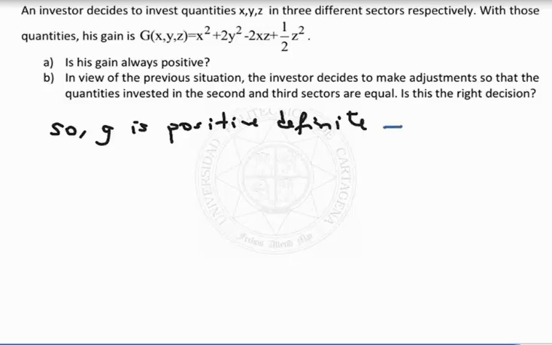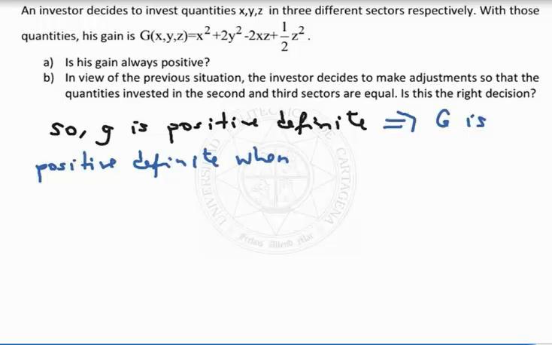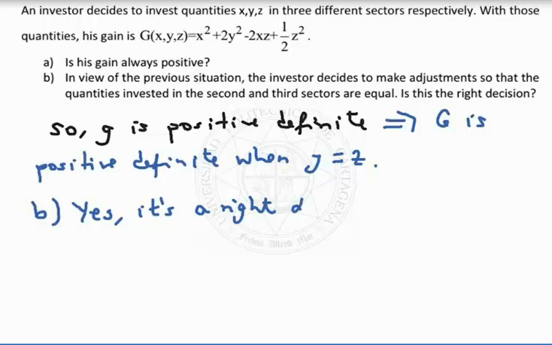So g is obviously positive definite, which means that the larger G is also positive definite when Y equals Z. So the answer to question B is yes, it's a right decision.